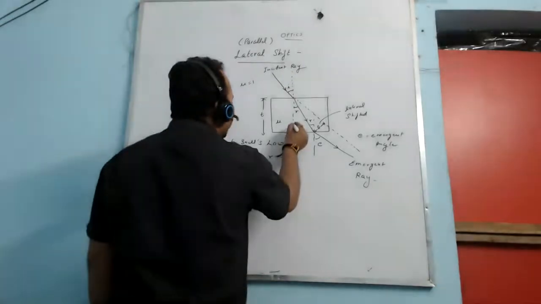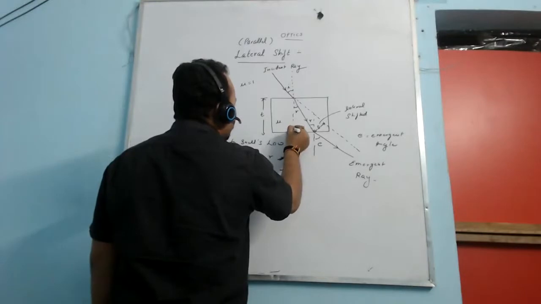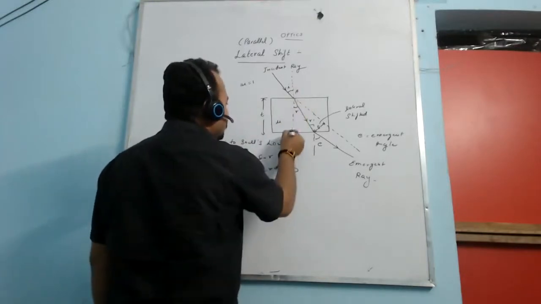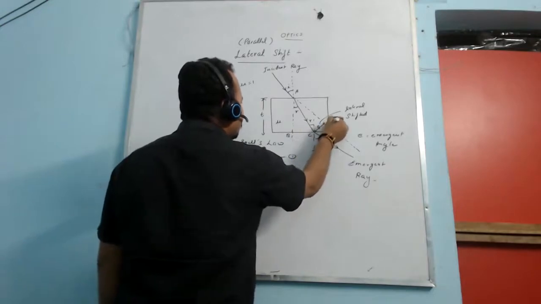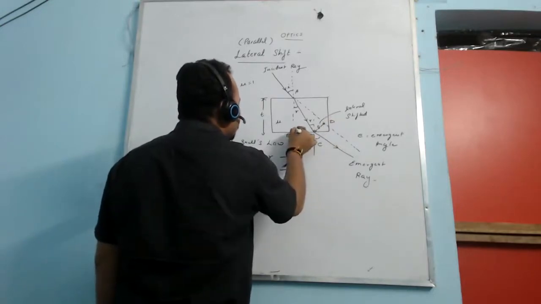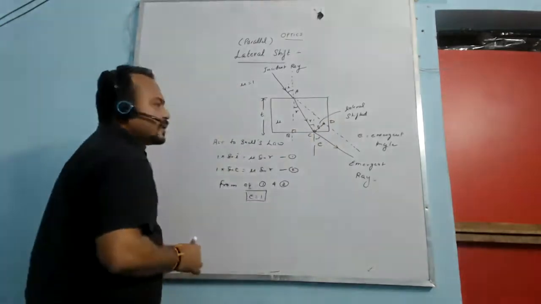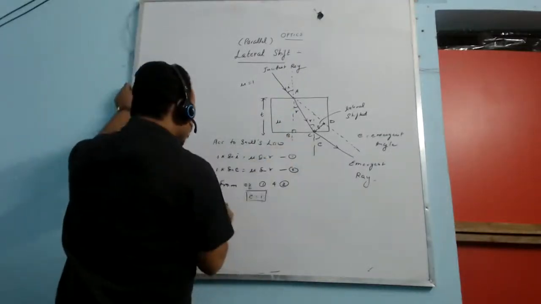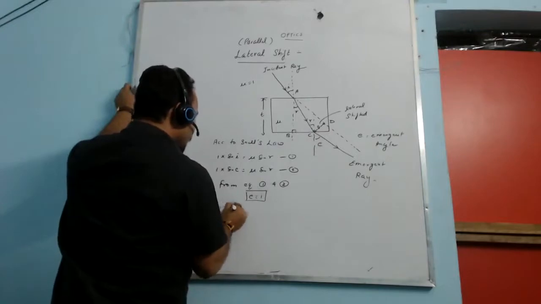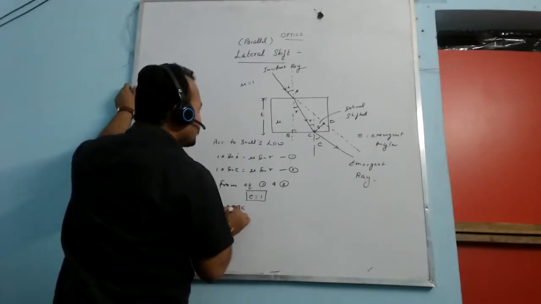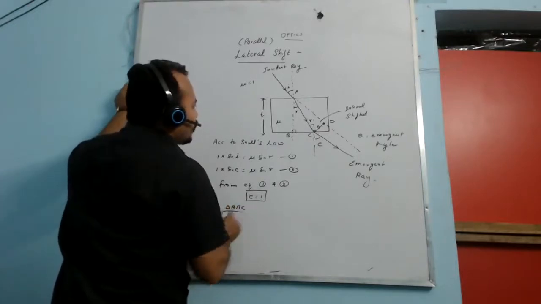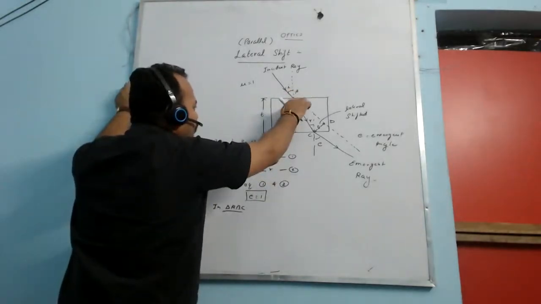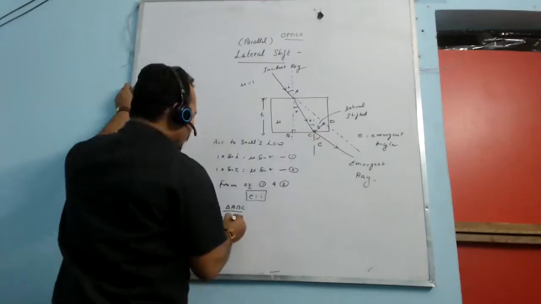If we extend this normal here, suppose this point is A, this is B, this is C, this is D. Here the normal is perpendicular to the glass surface. In triangle ABC, we know the value of AB, and we can calculate the value of AC. How?